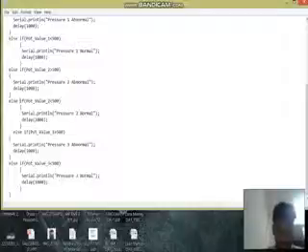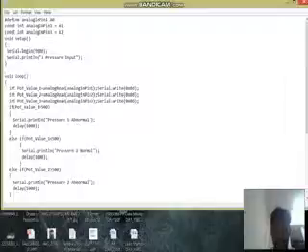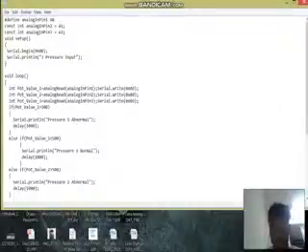If the pressure sensor 3 value is greater than 500, it's abnormal. If not, then the pressure is normal. So this is the code which we have dumped in the Arduino. Now we will be going to the Visual Studio HTML code where we have created the cloud. Thank you.